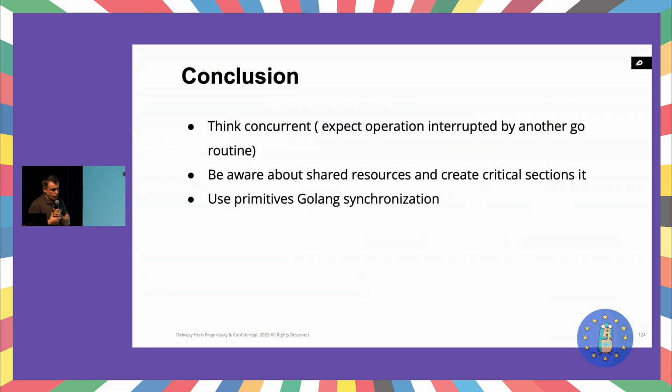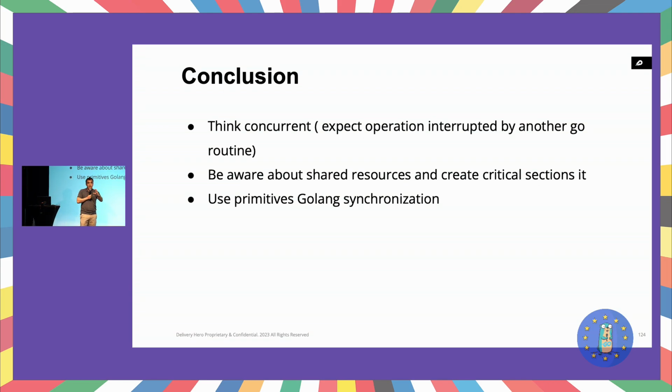So if I want to create a conclusion of my talk, first of all, think concurrently. As a developer, think concurrently. Every write operation at the code level could be interrupted by another Go routine. Be sure about that. When you have a shared variable or shared resources, be aware of that. Second, create critical sections. When you have shared things, create a critical section.